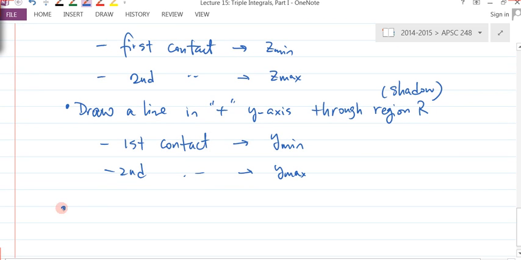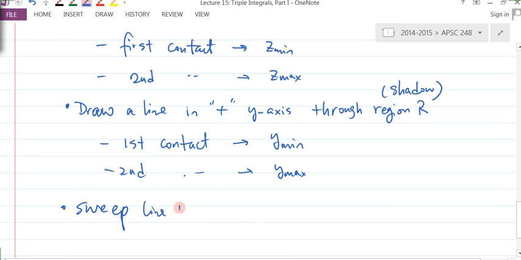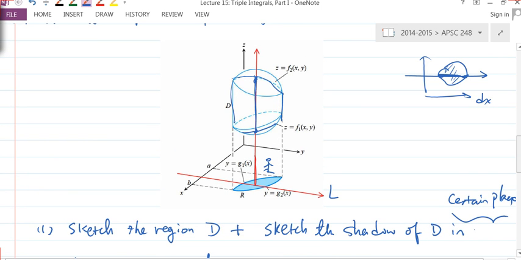Okay, so that's the next step now. We want to sweep through them all. So then the next step is you sweep this line, let's call this line L here. Sweep this line L across this region R. What that means is, imagine the operation here.